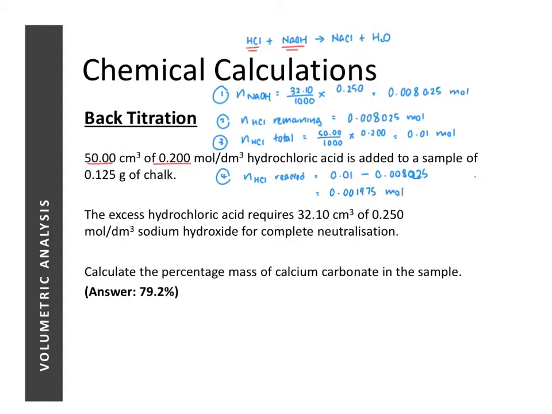Okay, so now that we have found the number of moles of HCl that had reacted with calcium carbonate, we can therefore go on to find the number of moles of calcium carbonate reacted.